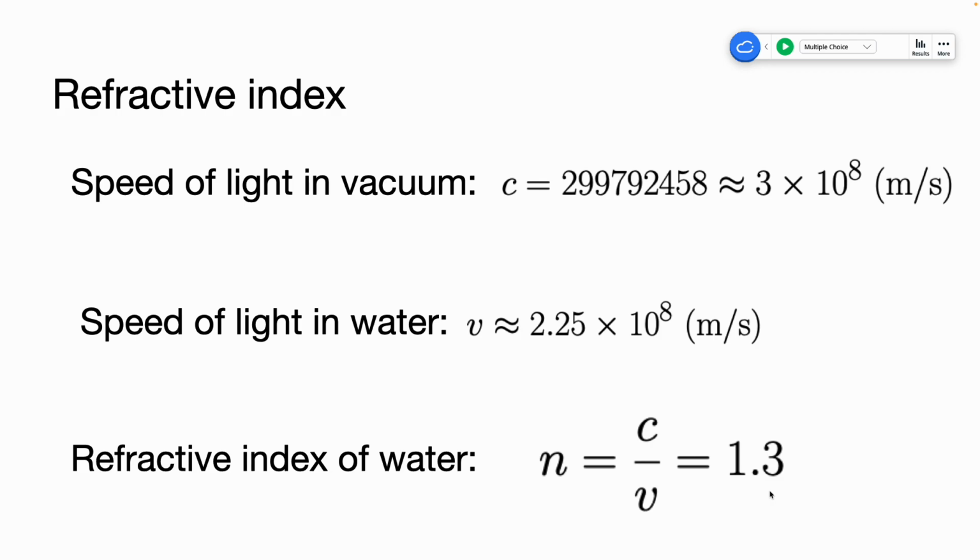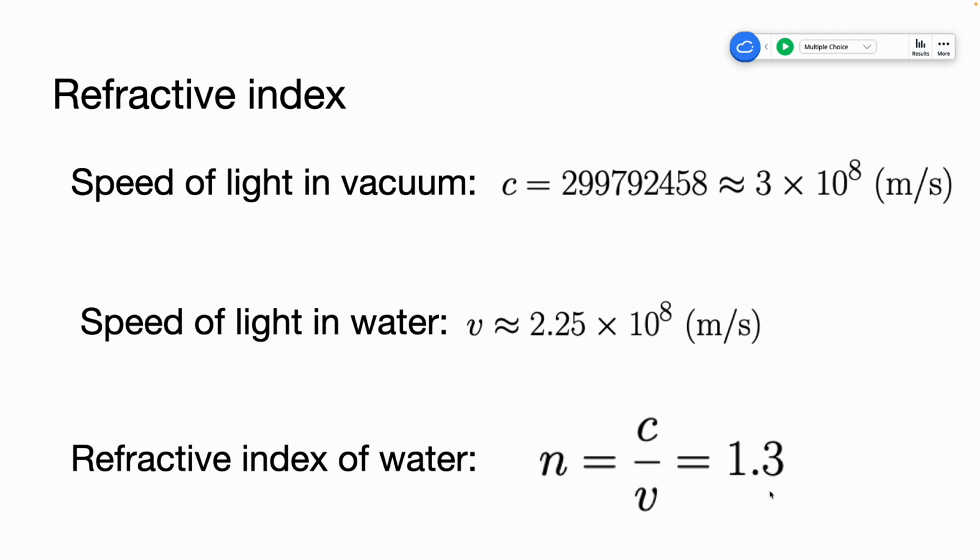So that is the refractive index of, say, water. So light is slower in water. But instead of saying the speed of light is slower in water, we say the refractive index of water is 1.3. So that's how we describe the optical property of a material.